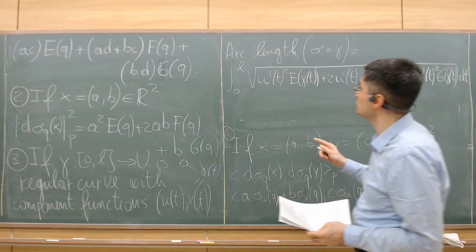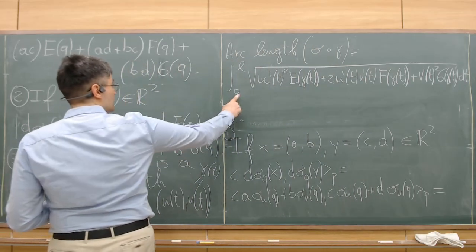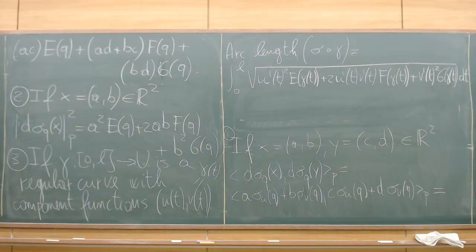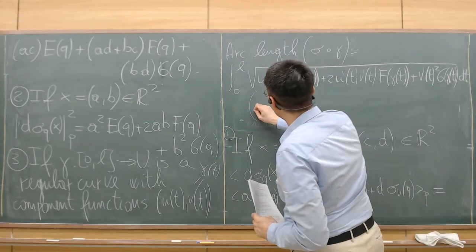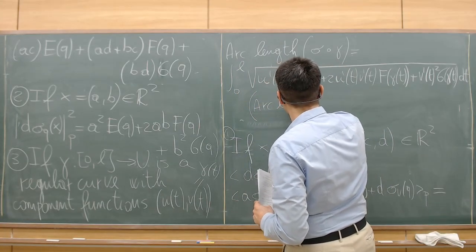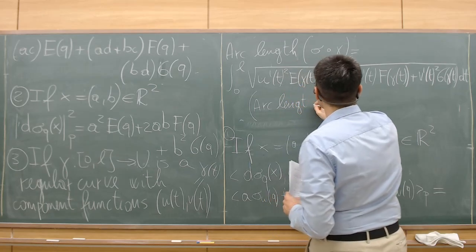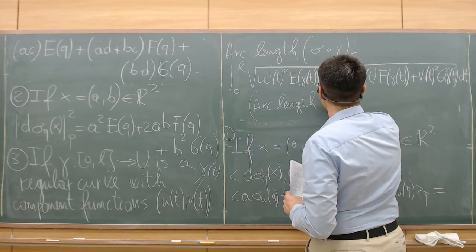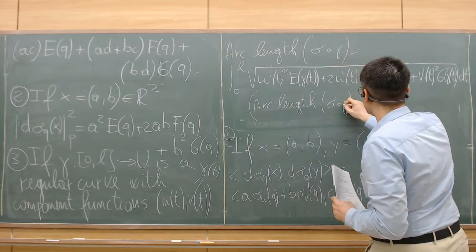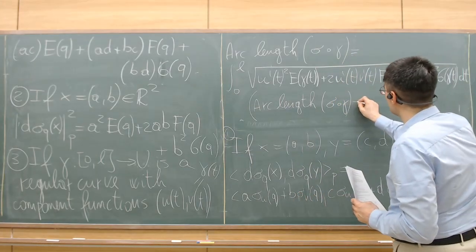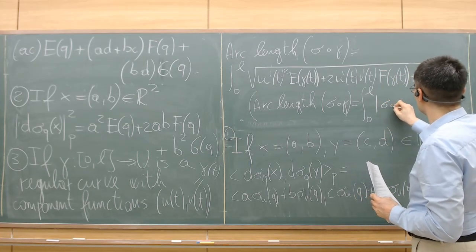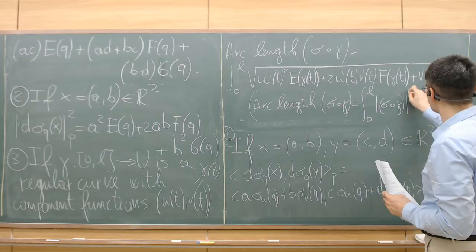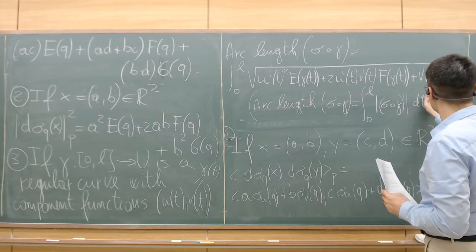If you want to prove 3, just use 2, and remember that the arc length of sigma composed with gamma, according to the definition, is the integral from 0 to L of the length of sigma composed with gamma prime dt.